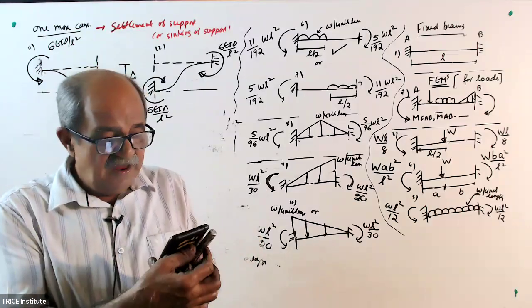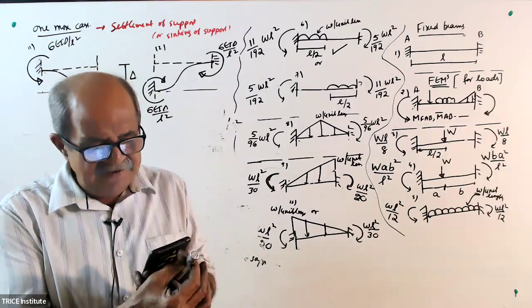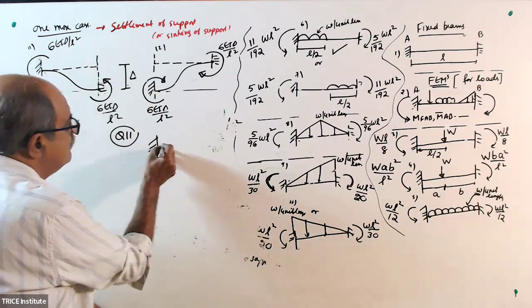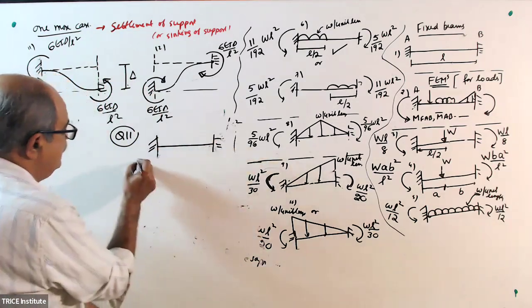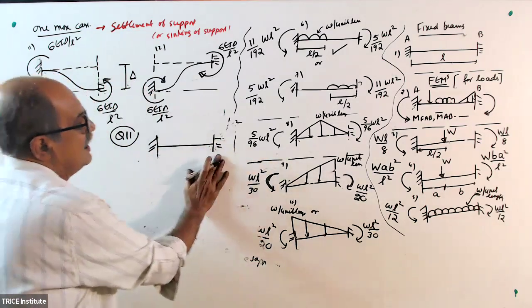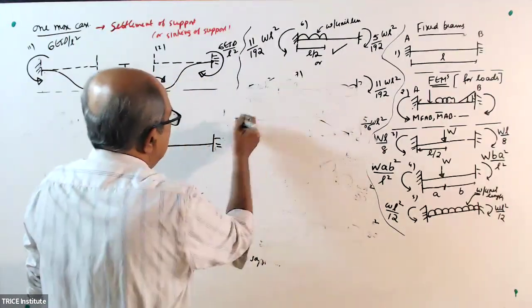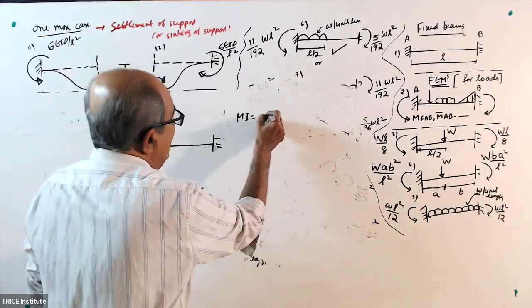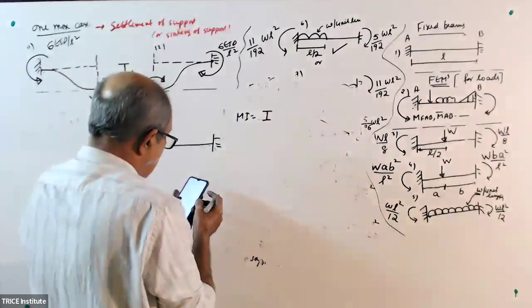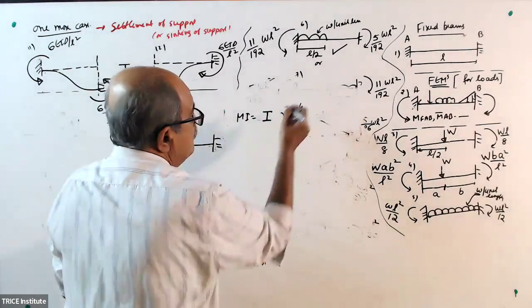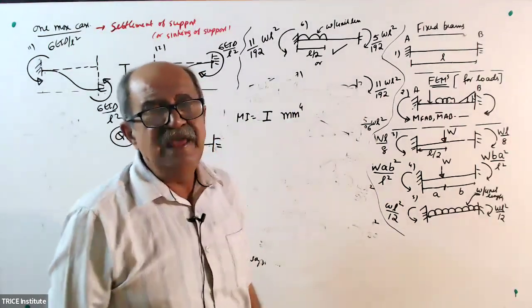So, a fixed beam having a moment of inertia I. They told fixed beam. This all I'll remove now, not required. They told moment of inertia is I. Unit? I millimeter power 4, because moment of inertia is always length power 4.